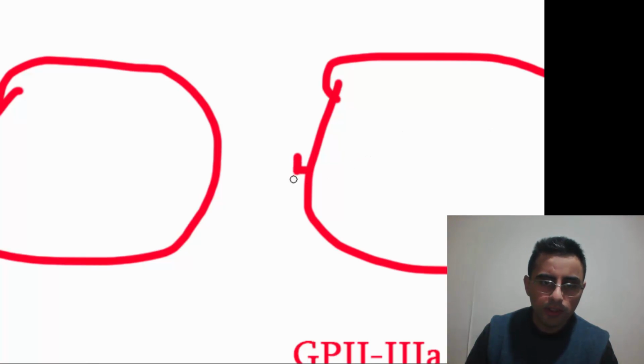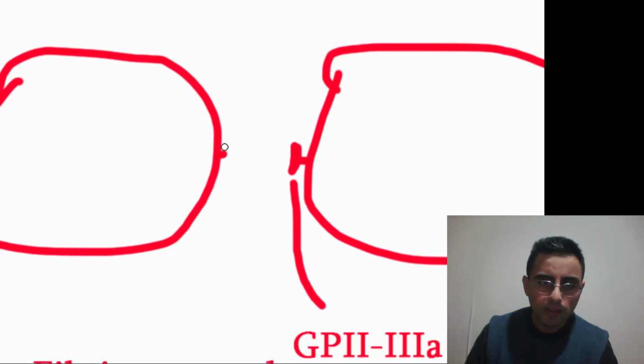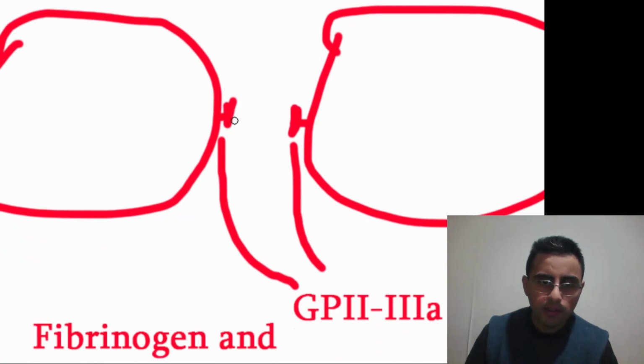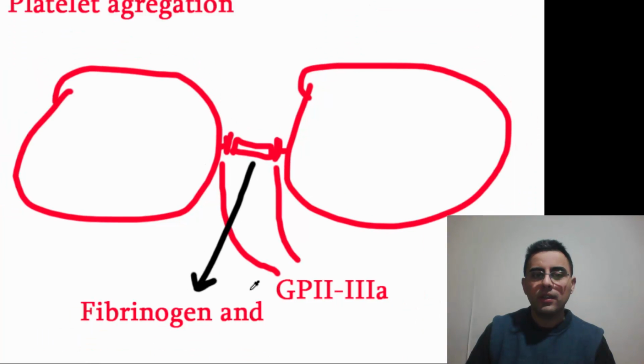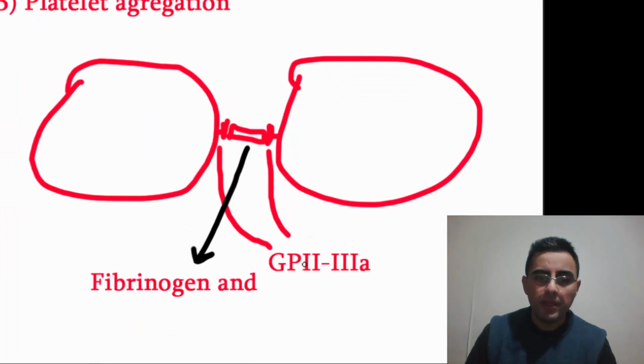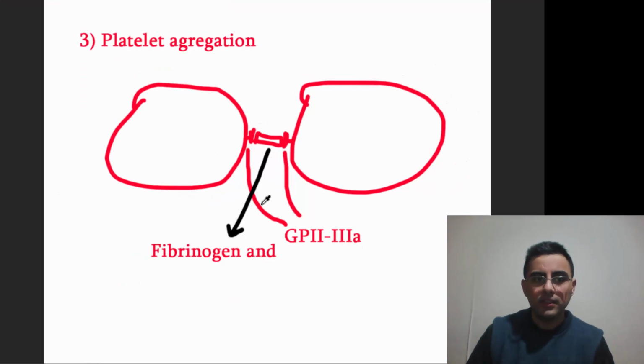Here is glycoprotein 2,3A. Here also this glycoprotein, and here is fibrinogen, and this way they stick together. GP 2,3A and fibrinogen are needed for platelet aggregation.